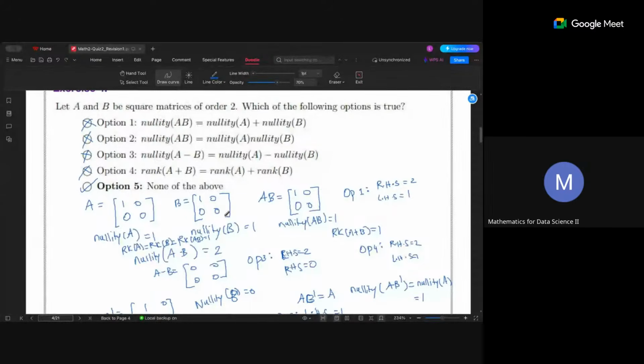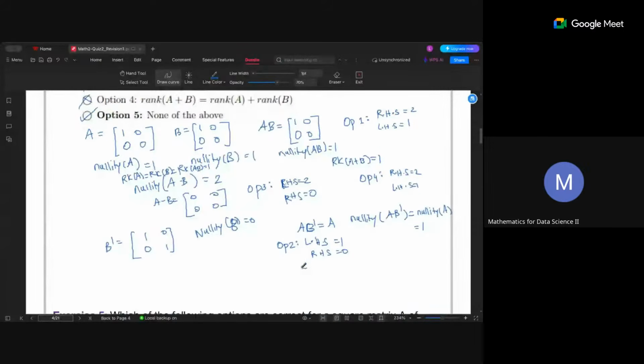Then for any 3 by 3 or any n by n, it is not true, right? I'm asking, you can extend this, these four options are not true for any order of matrix. Yeah, you can simply add zeros here to extend it to any size and argue the same thing. Okay.